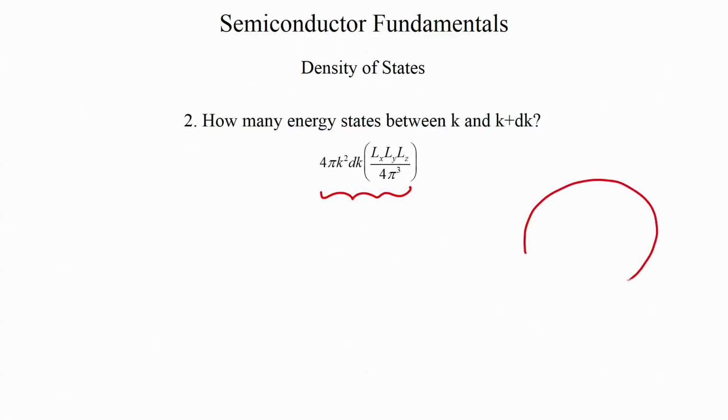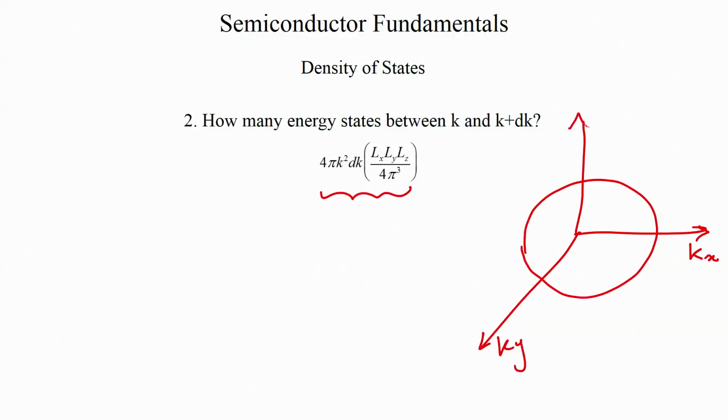So, we are looking at the reciprocal lattice space once more, where you have kx, ky and kz, and all the points that have the same k form a sphere, because this is a massive grid of points.